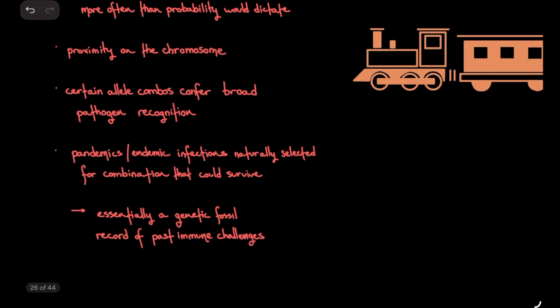So the pandemics and endemic infections that we see naturally select for combinations that could survive. I mentioned the bubonic plague. Basically that was a great filter sweeping through Europe saying which of y'all's MHC can hack it, can deal with what I have, can present this efficiently enough to get your adaptive immune system involved quick enough for this pathogen to not kill you.